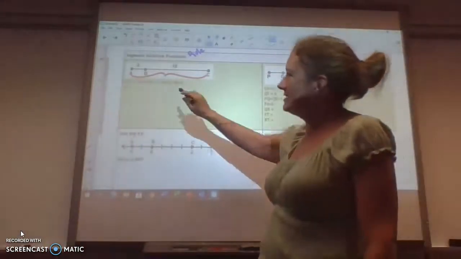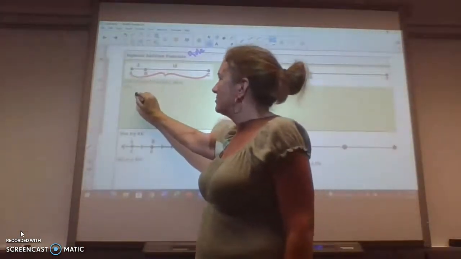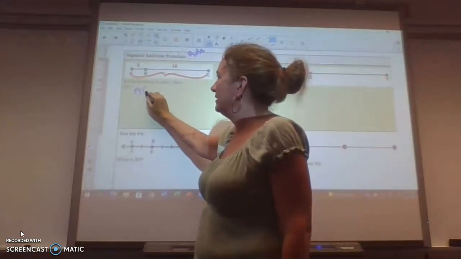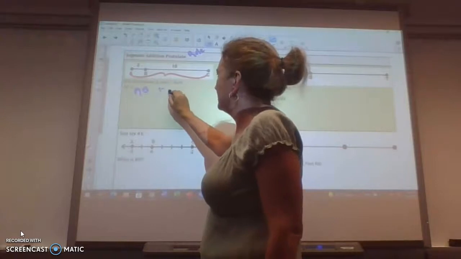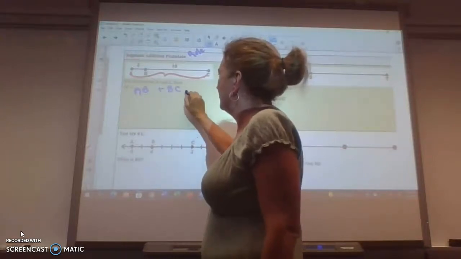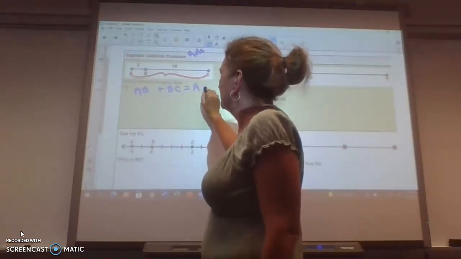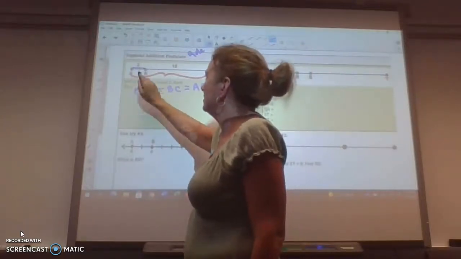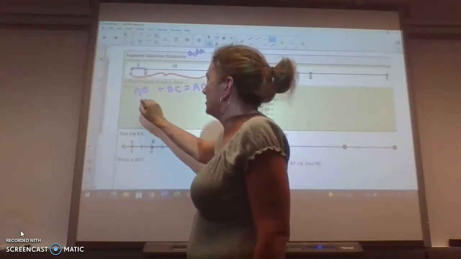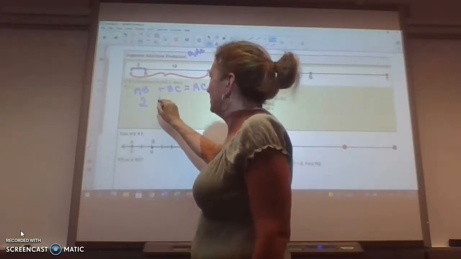So I'm looking at this, and I've got one piece here. So that's piece AB, right? And then the other piece is BC. So if I add them together, wouldn't that give me AC? I think so. Okay. So AB is 2, so I'm going to replace the AB with the 2, right?